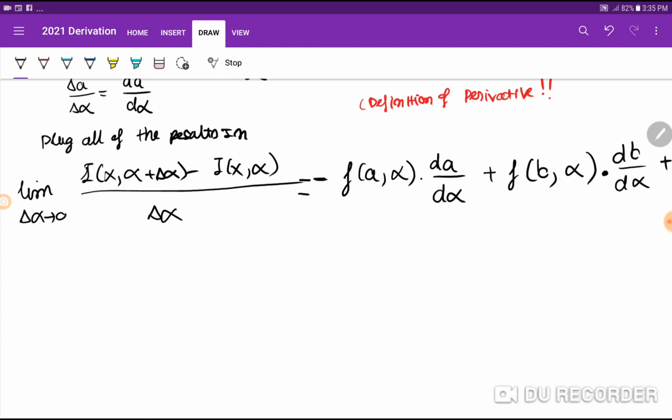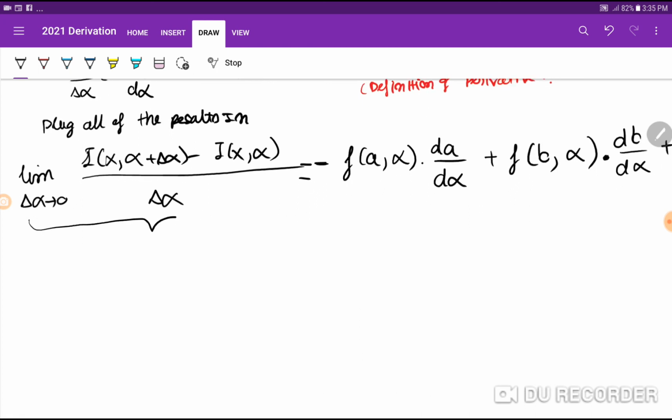Insane, right? And this expression right here is dI over d alpha.